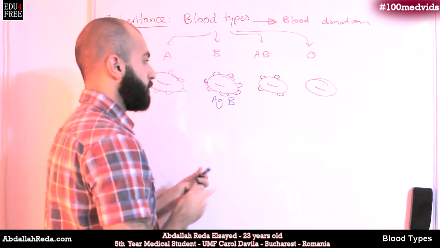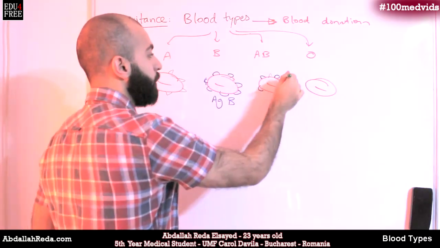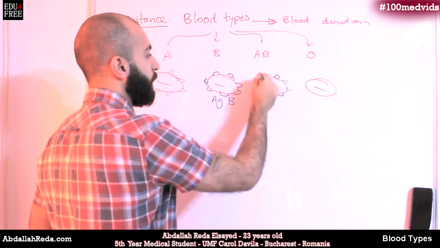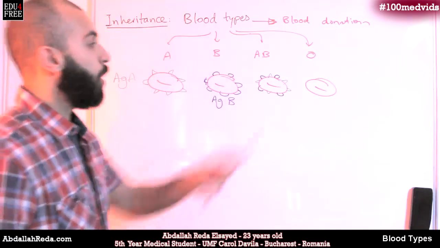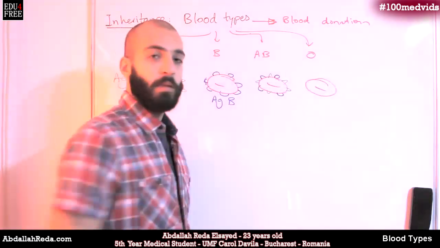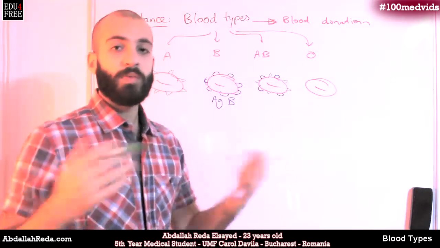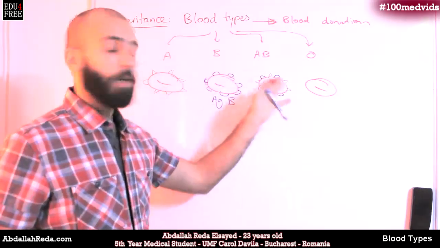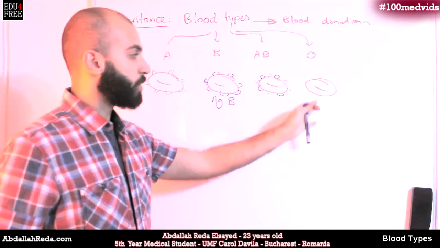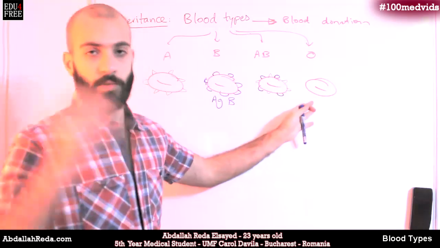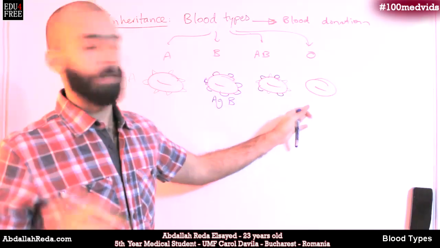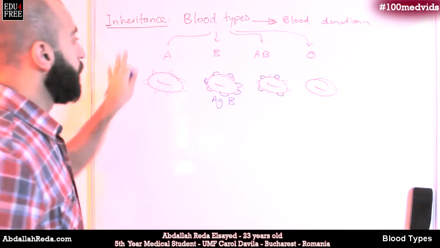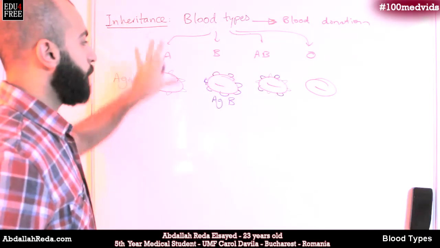So we have some of antigen B here, some of antigen A, like that. And then we have type O, which looks exactly like the letter O because the red blood cell is free. It doesn't have any of those antigens, neither A nor B. So we'll say it looks like this. There are some other antigens that might be on the red blood cells, but this is none of our concern in this topic right now.